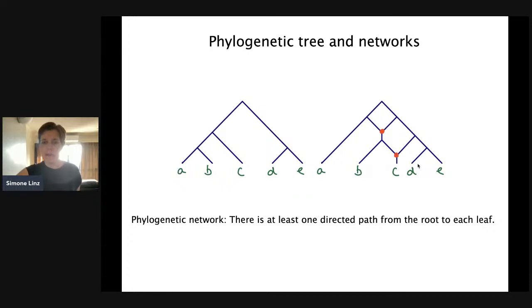So not exactly 1, this is what we see in the tree, but at least 1 such path. And the multiplicity of these paths is one reason why these phylogenetic networks are so much more complicated to reconstruct and analyze. So it's never a straightforward generalization from trees to networks.